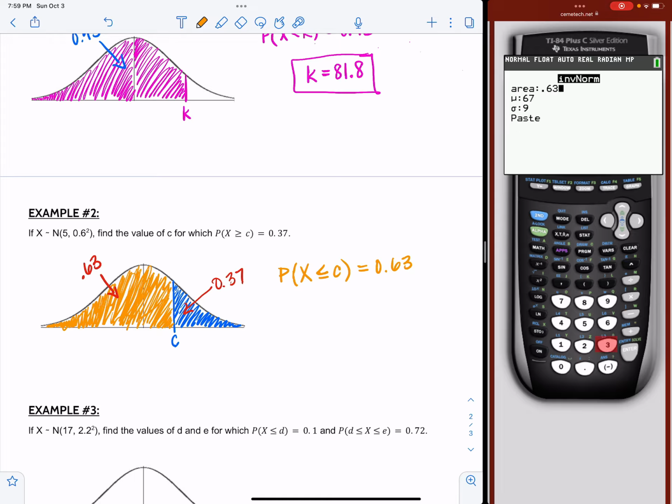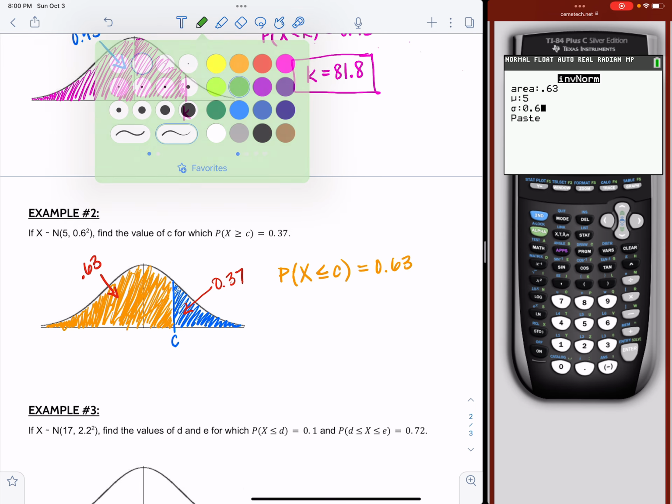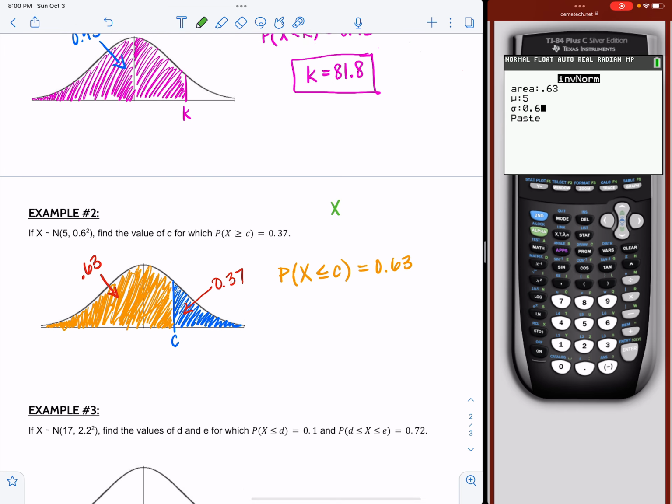I put in 0.63. I put that my mean is 5. My standard deviation is 0.6. Remember, we have that X is distributed normally. And then we have our mean is the first number. Then our standard deviation squared.